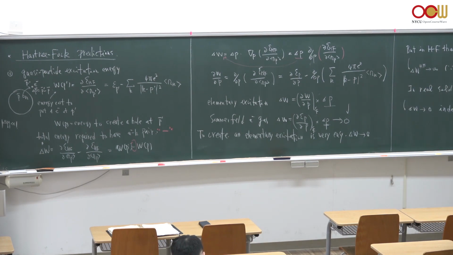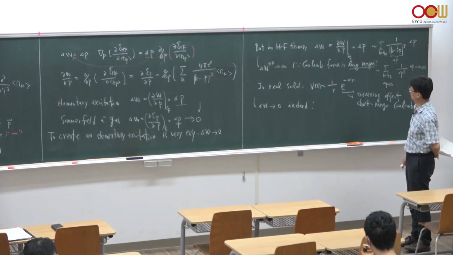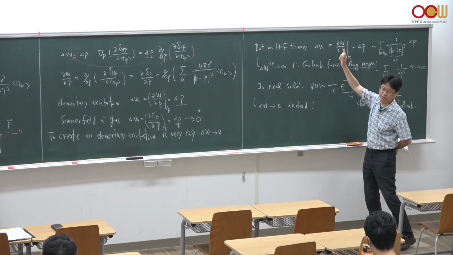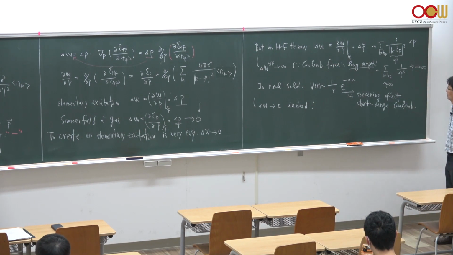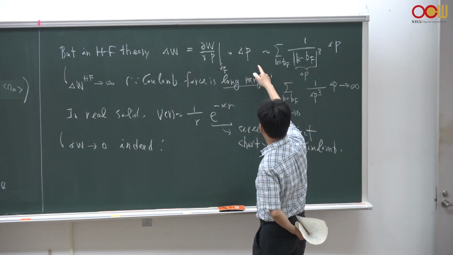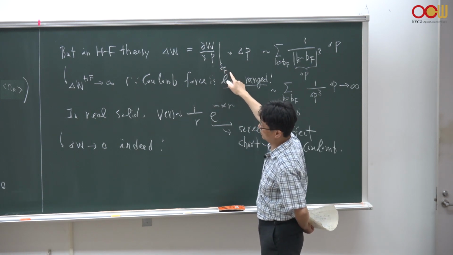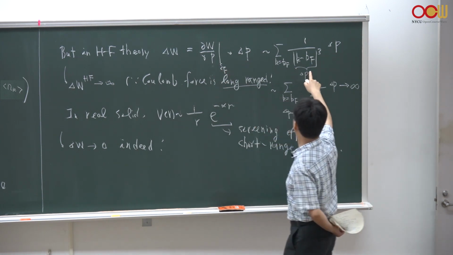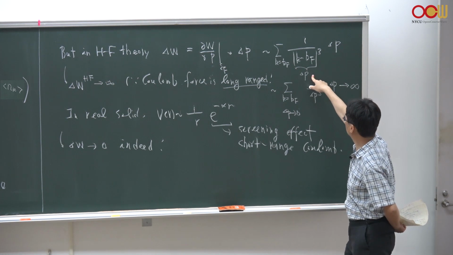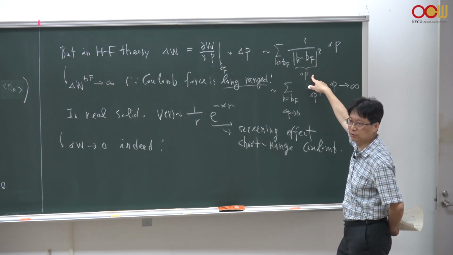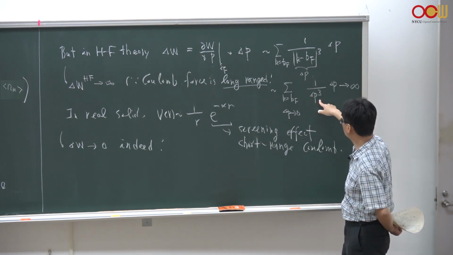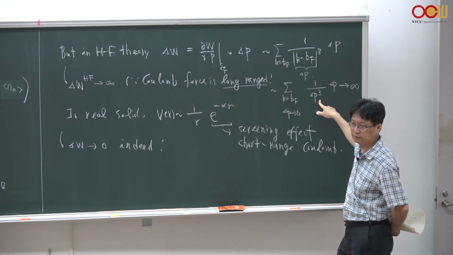But what comes out of the Hartree-Fock theory is that this delta W diverges. It approaches infinity. The way that it diverges comes from the fact that this derivative, dW/dP, evaluated at epsilon F, really goes like 1 over delta P to the power of 3. It's a cubic in delta P in the denominator.